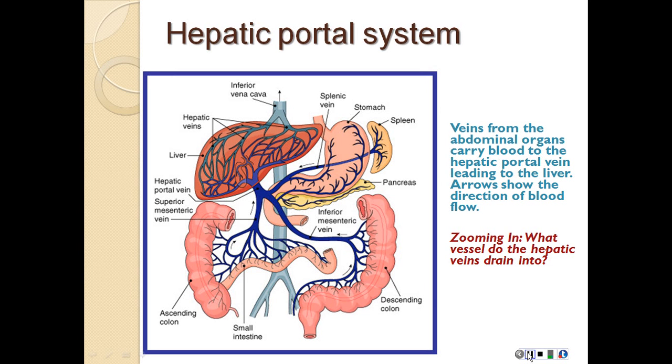You have the stomach, the pancreas, the spleen. So all of those organs have the hepatic portal system, which allows the blood to go to the liver before it is sent to the heart. That's not the case for the skin of any skin of my body, the tissue of my big toe.